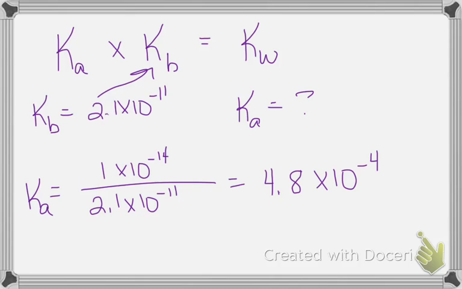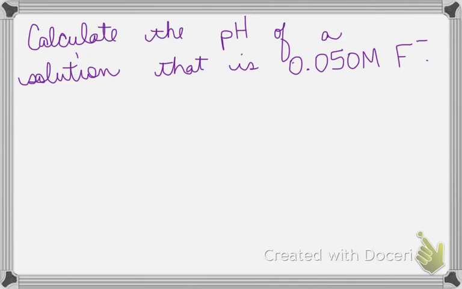I need to use this to get the Kb, because fluoride's the base of hydrofluoric acid. To get to the base, don't y'all remember you take a hydrogen away and that gives you the base? Remember doing that when we opened up the chapter? So I'll look up the Ka for hydrofluoric acid, and I find that it is 7.1 times 10 to the minus 4.